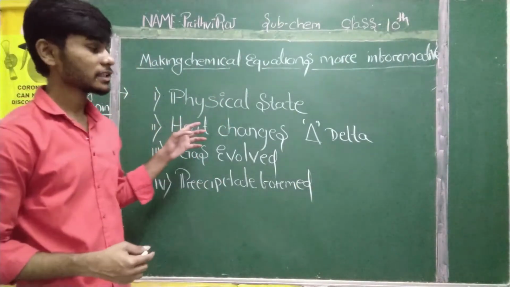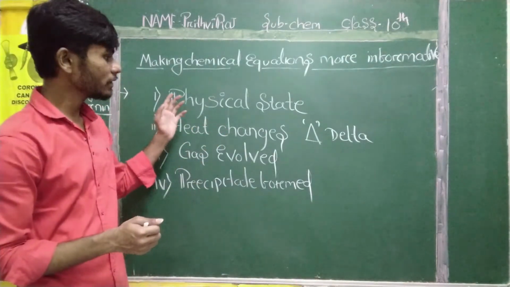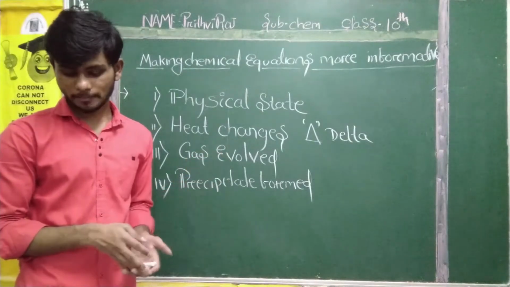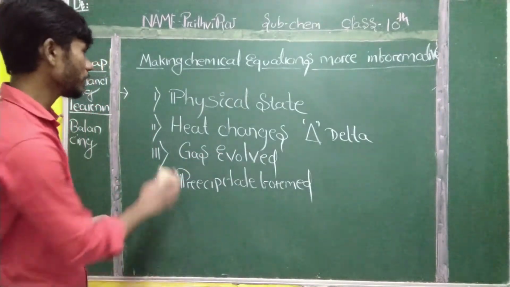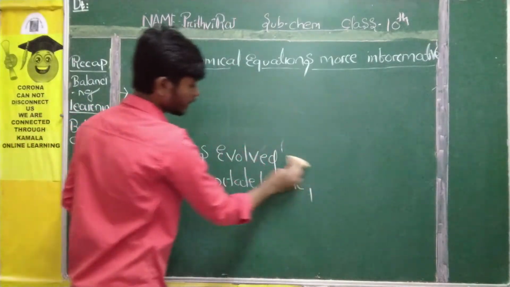So these are the four things. You don't have to get tensed. I'll explain each and everything in this class. Let us make an equation more informative by taking an example. Please remember these four cases, students, whether we are doing it or not.